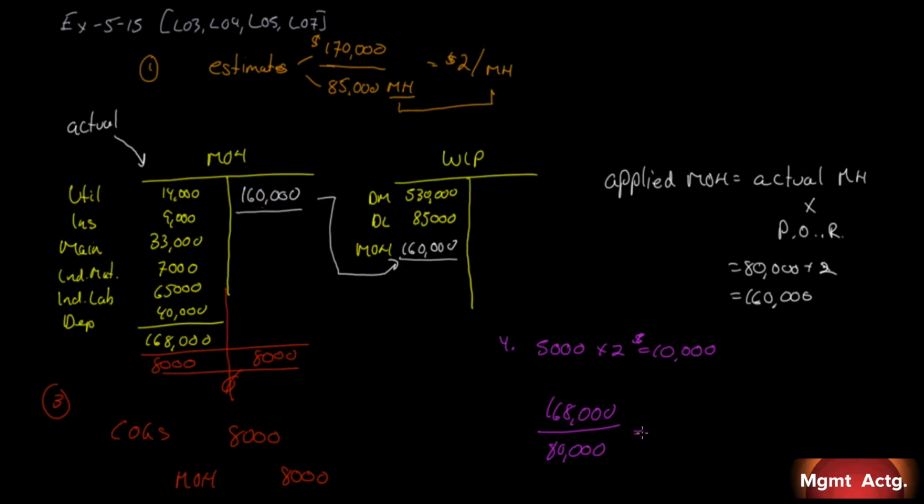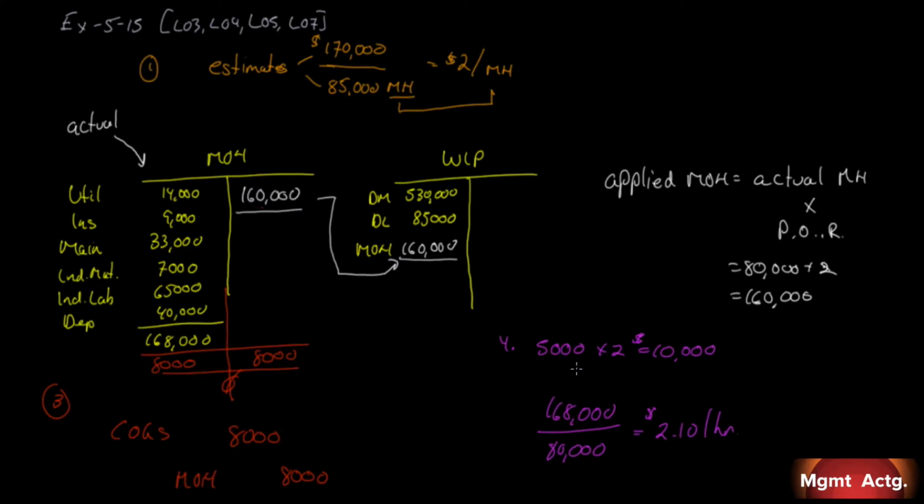So if you did this division, you'd get to $2.10 per hour. We had a $2 manufacturing overhead cost per hour. We estimated, keep in mind, we estimated $2 per manufacturing hour. We actually incurred $2.10. You cannot argue that, well, the reason is because we used 5,000 hours less.